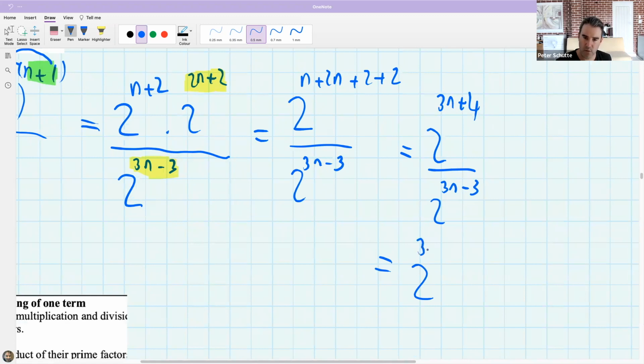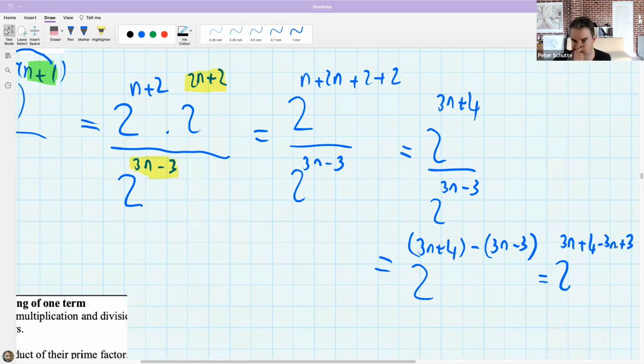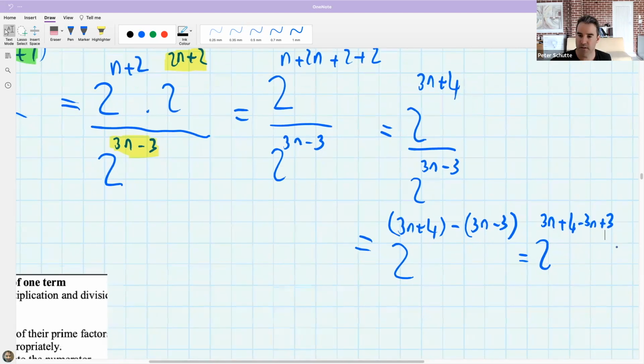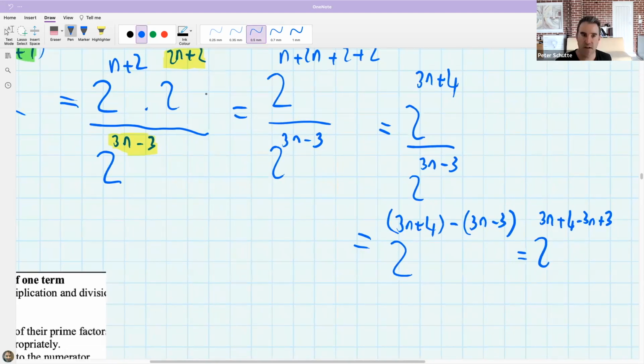We leave this like this, and we subtract the whole thing on the bottom. There are different ways of doing this. What we should get is 3n plus 4 minus 3n plus 3. And so this cancels out with this, and 4 plus 3 is going to be 2 to the 7.